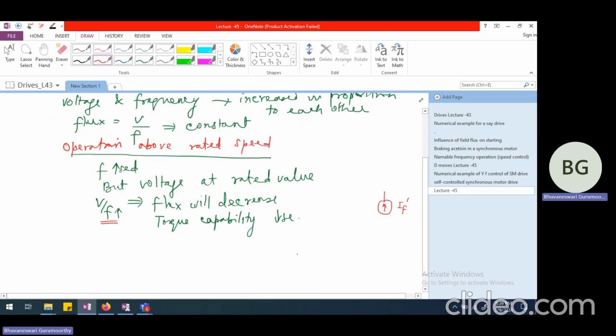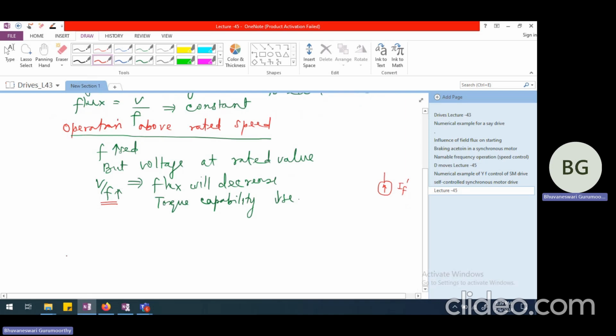If the flux is along this direction, the field current is along this direction, then the excitation voltage EF is along the quadrature axis, if this is the direct axis. Normally the excitation voltage is at an angle of minus delta, the load angle, so that is E angle minus delta.